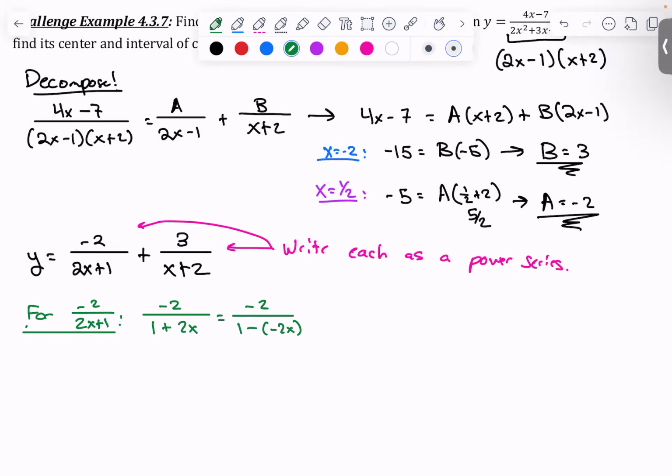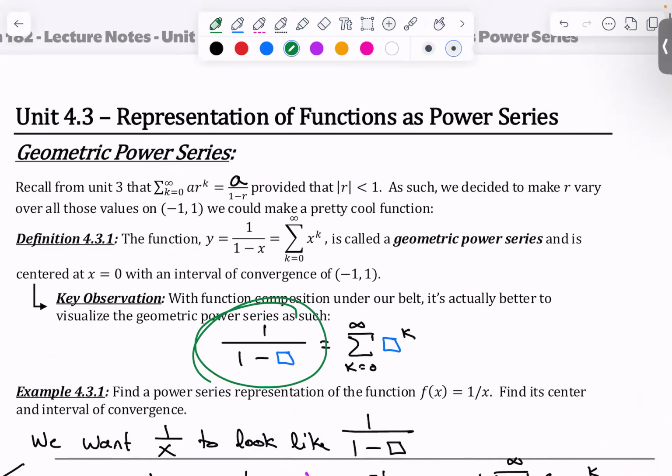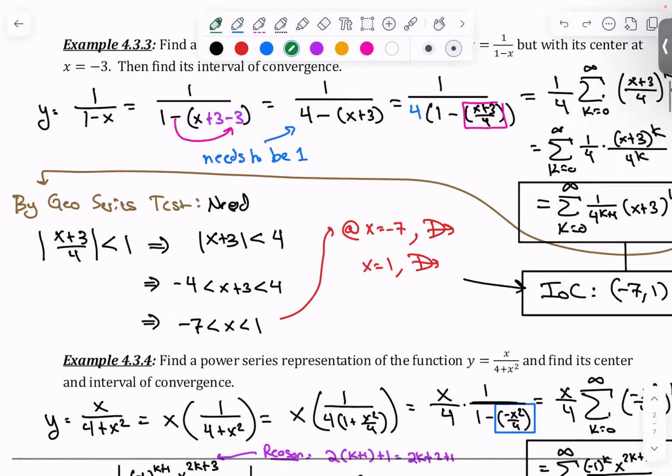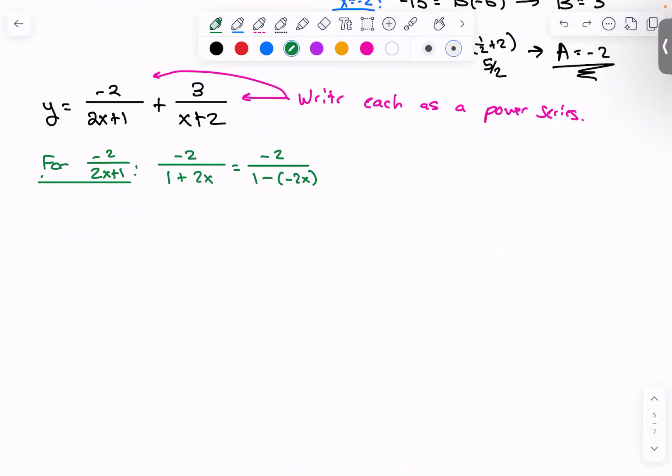Remember, going back to the very beginning, don't worry if you haven't finished writing this down. We want to get it in the form of 1 over 1 minus a block. That's what we want to do. It already has a constant term that is a 1, so we just need to figure out what the block is. And it's 1 plus 2x right now, so that's actually 1 minus -2x.